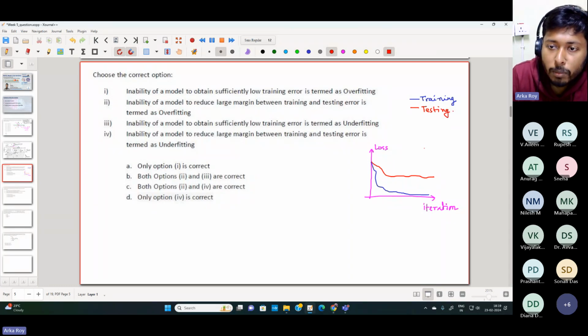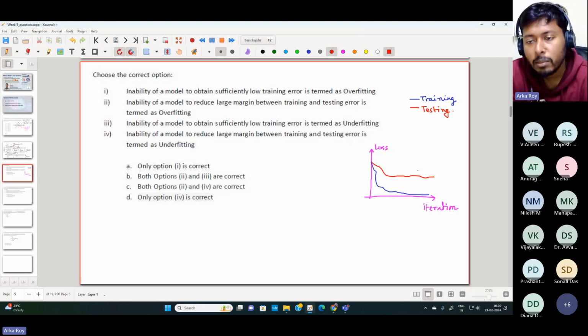Okay, so from this particular curve, you can see that while training the model, you are achieving a very good loss value. That means it almost reaches zero. However, while testing the same model after training it, you can see there is a substantial gap between the training loss and the testing loss.